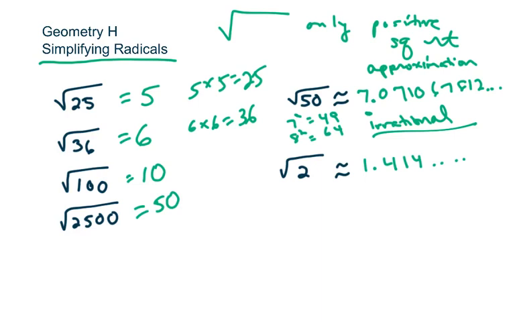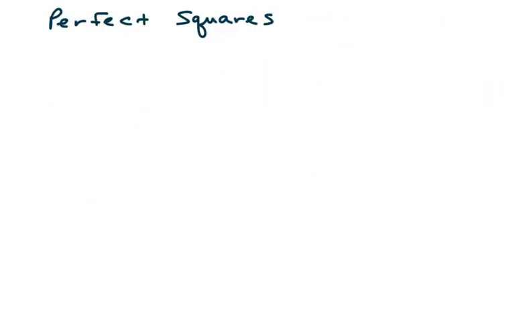Okay? So next. It's helpful to know perfect squares when we're simplifying radicals, and you'll see why in a minute, but let's just review some of our perfect squares.